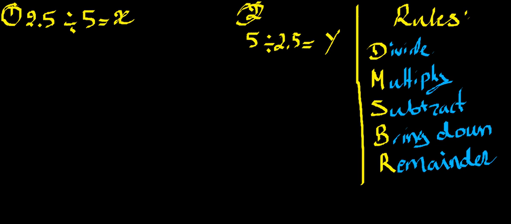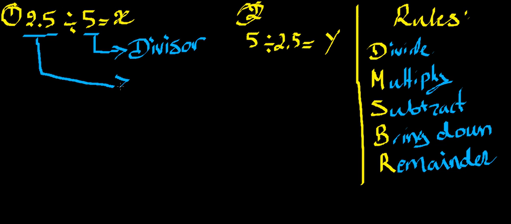Now before I go ahead and do the long division, I just want to identify a few parts of these equations, in particular number 1. So 2.5 and 5. So 5 is my divisor, and 2.5 is my dividend.